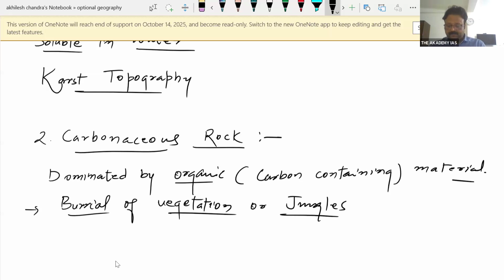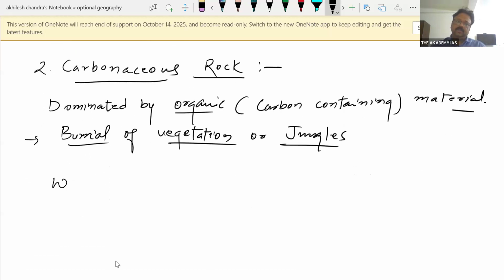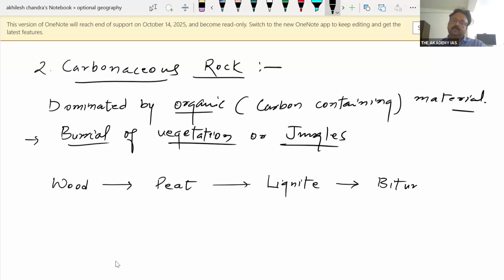They get converted: first the wood gets converted into peat, then into lignite, lignite to bituminous, and from bituminous to anthracite.